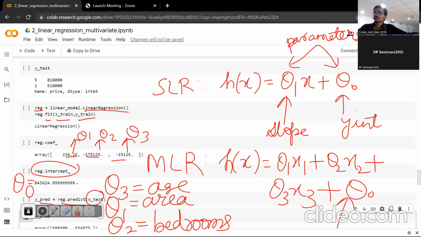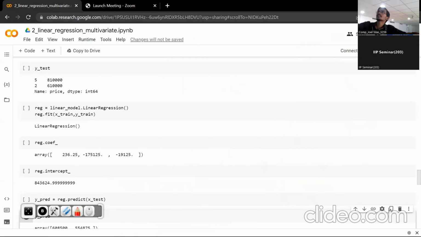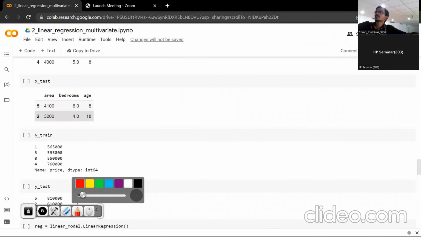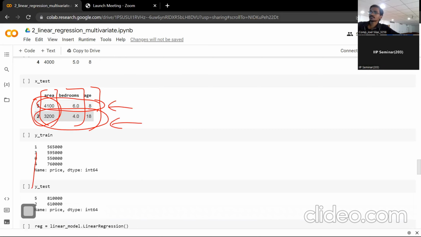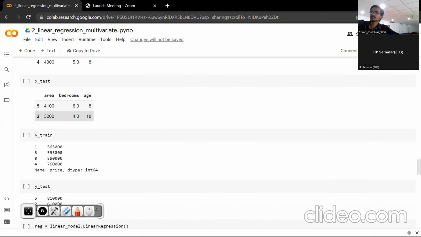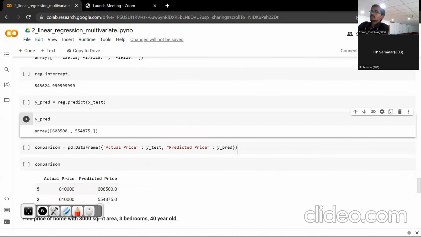Now we know that x test consists of the feature vector area, feature vector bedrooms, and feature vector age. So we have this one set and this is the second set. We have two sets of values, first and second. Since we have two sets of values, we will get two predictions.